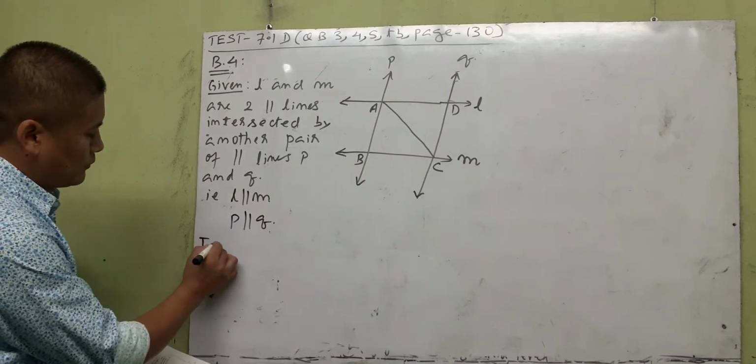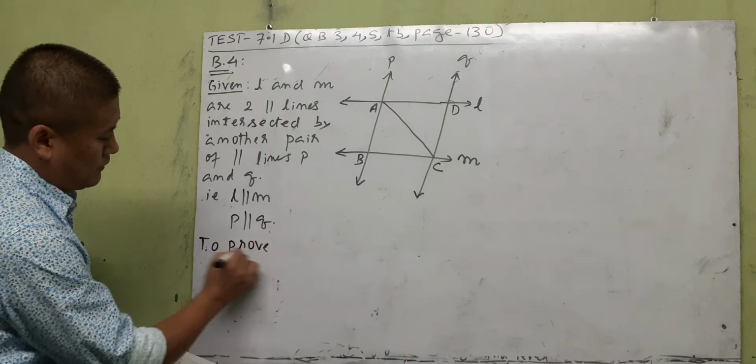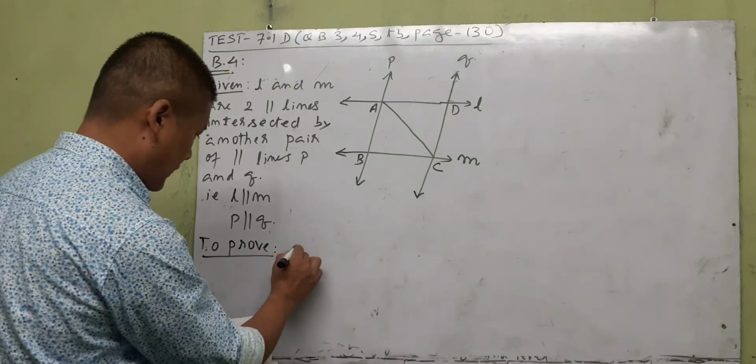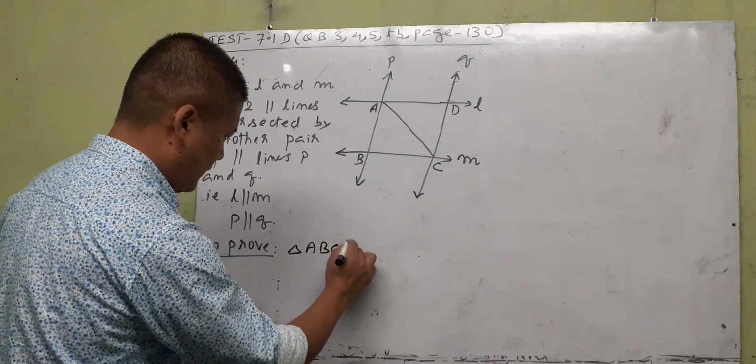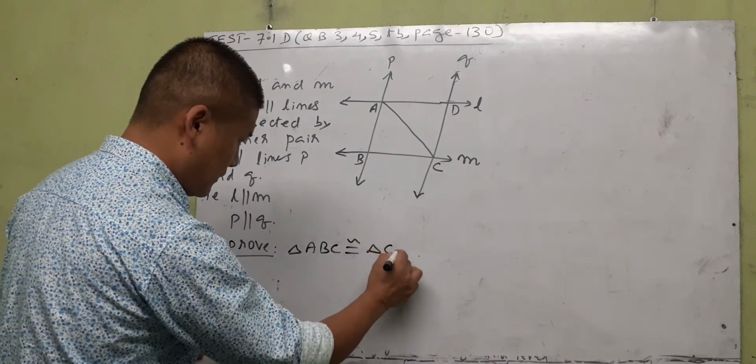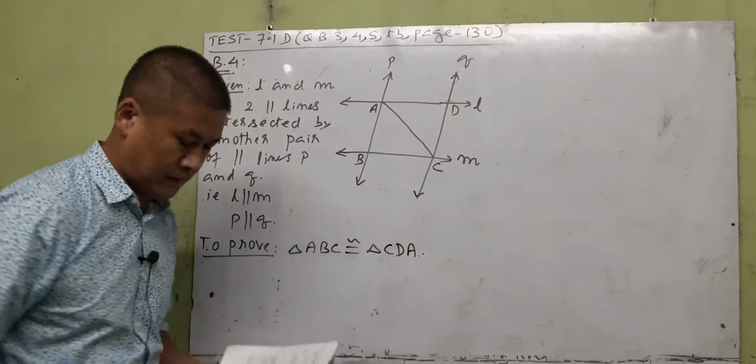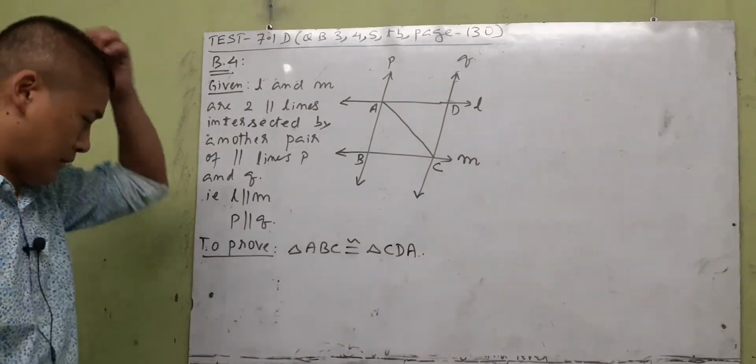So with this we have to prove that triangle ABC is congruent to triangle CDA. Let's try to do that.